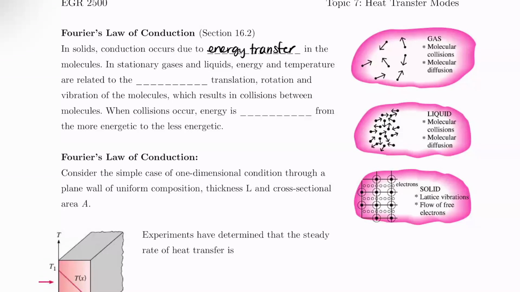In stationary gases and liquids, energy and temperature are related to random translation, rotation and vibration of the molecules, which results in collisions between molecules. When those collisions occur, energy is transferred from a higher energy state to a lower energy state or particle.